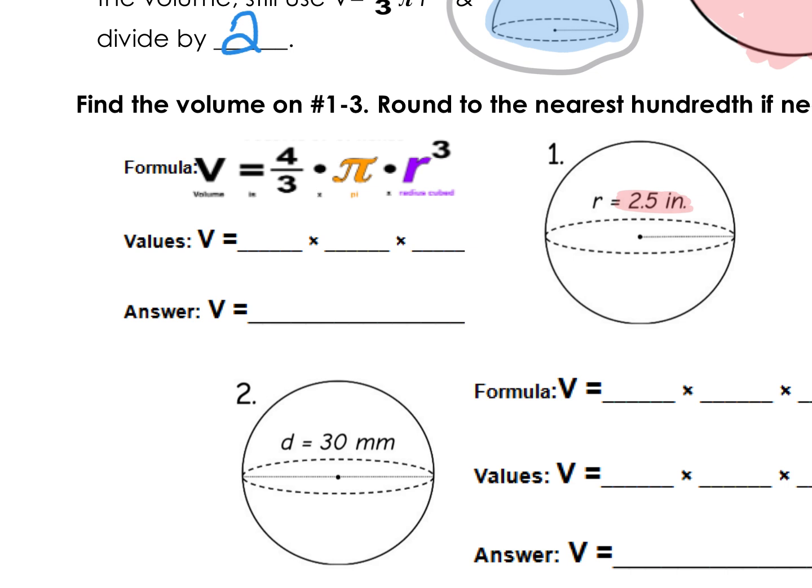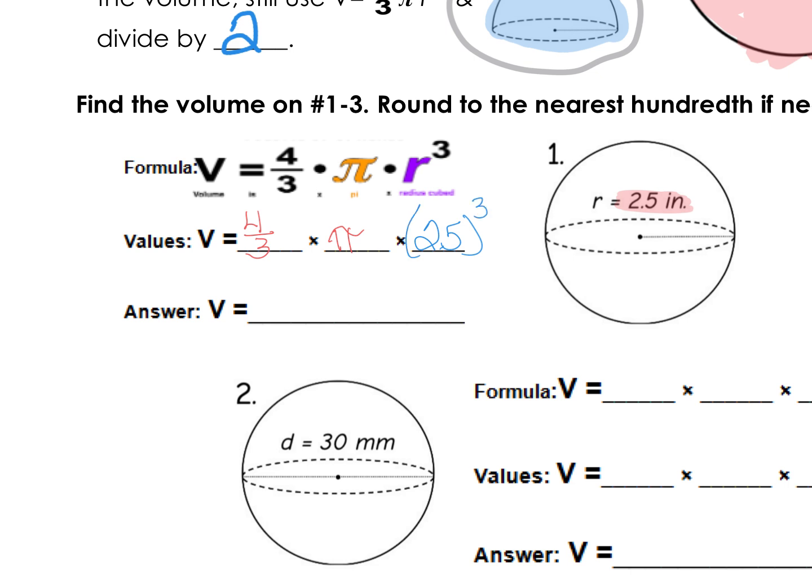Okay, so I have my 4/3. Okay, that's part of the formula, 4/3. And we're just going to use Desmos. Times our pi, and remember we're going to hit that Desmos key pi, and I'm going to substitute in my r value, which I receive as 2.5, and I'm going to cube it.